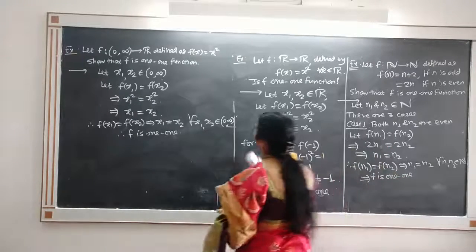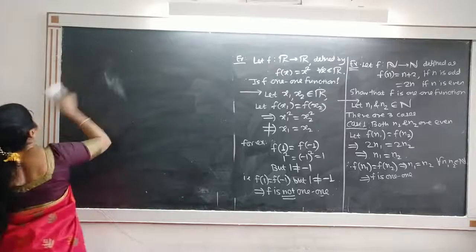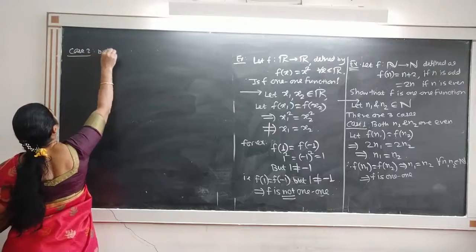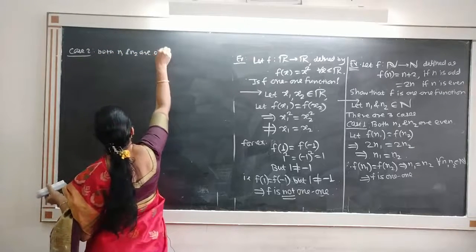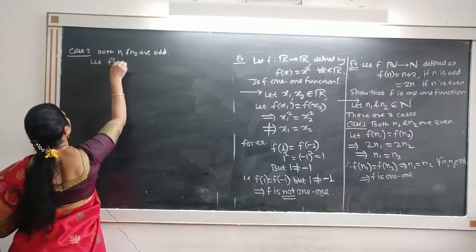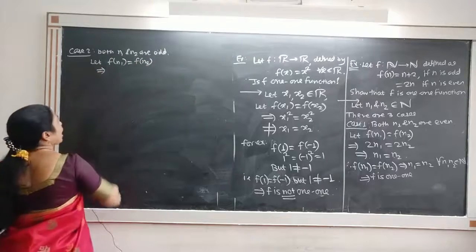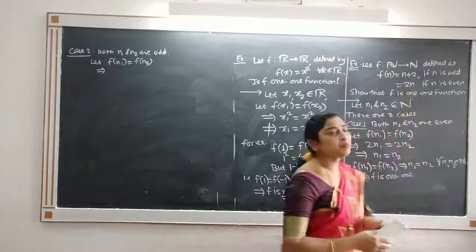See the second case. Both n1 and n2 are odd, and let us assume that f(n1) = f(n2). Because both are odd, and if n is odd, the definition is n + 2.